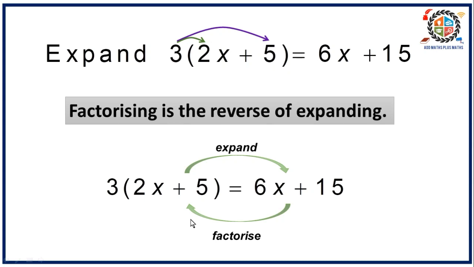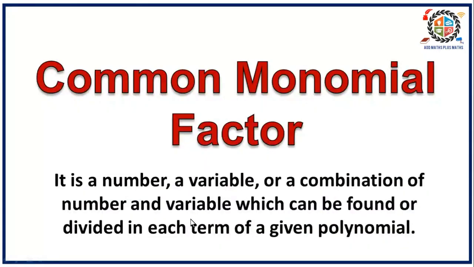Next. So what is common monomial factor? Common monomial factor is not the process. It is a number, a variable, or a combination of a number and variable which can be found or divided in each term of a given polynomial.